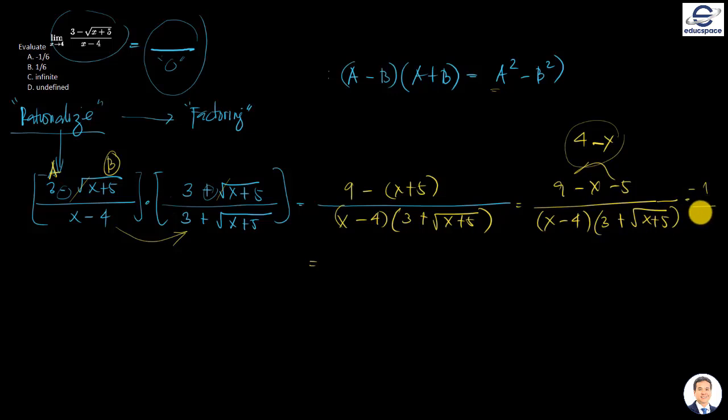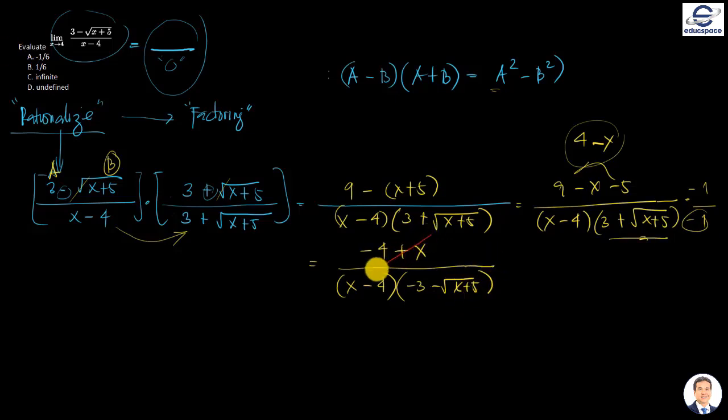Negative in the numerator and negative in the denominator, which means that I have negative 4 plus x, same here, x minus 4, and then this negative I will apply to the other factor, so negative 3 minus the square root of x plus 5. This means that we can simply cancel these out because they are the same, and finally we have 1 over negative 3 minus the square root of x plus 5.